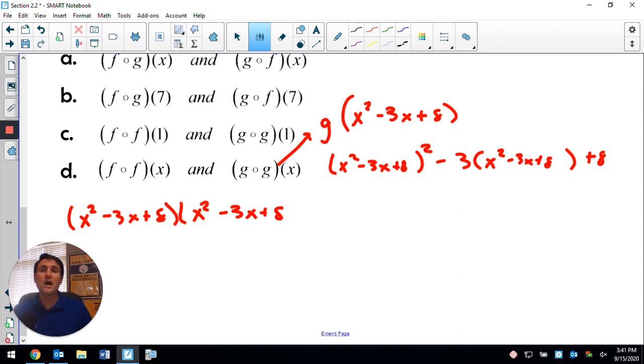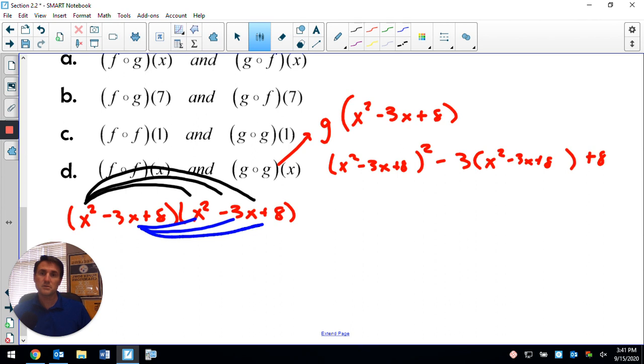That is beyond FOIL because you have this first term times all 3 of the other parts. And then you have the middle part times all 3 of the other parts. And then you have the last term times all 3 of the other parts. So you have to do 9 multiplications there for this. And then you have the rest of it to go. I guess we can do this. Let's go ahead and do it.